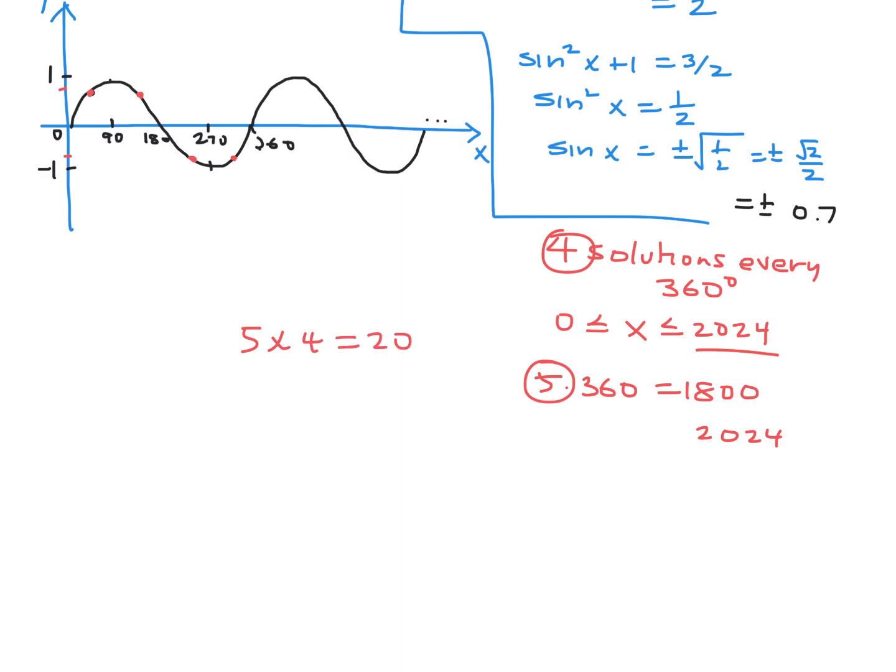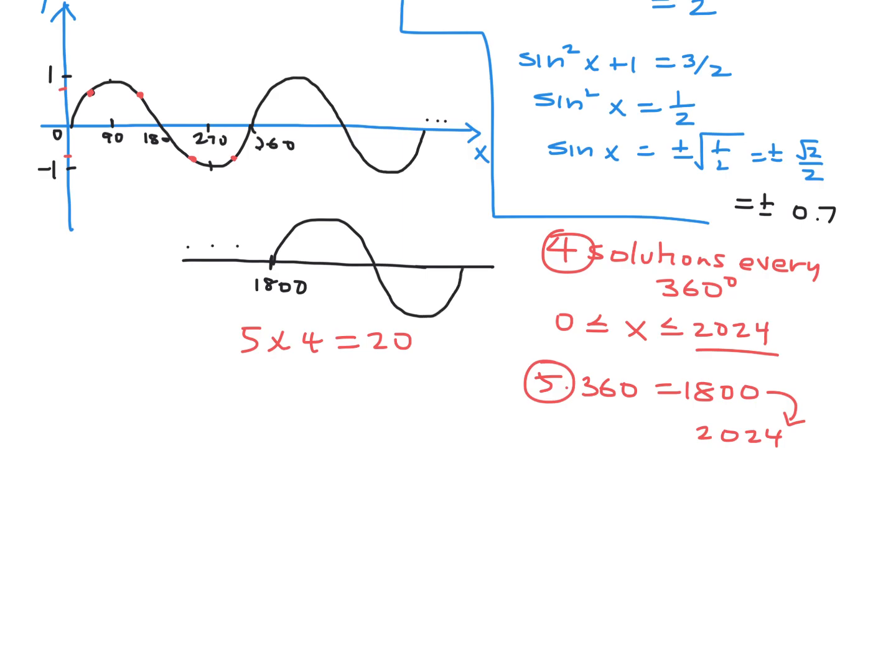And then I have to figure out how many more solutions from 1800 to 2024. So if we extended this sine graph, dot, dot, dot, and this was 1800, then we got to go to 2024. So that would be another 180. And this would be another 180.